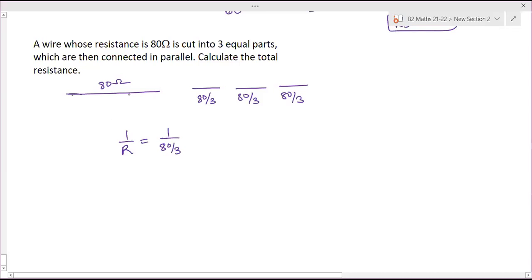Here they are in series. When they are connected in one line, they are making one wire, that means they are in series. When they are connected in parallel, it will change. Length reduces to 1/3, then the resistance also will change. Resistance is directly proportional to length.